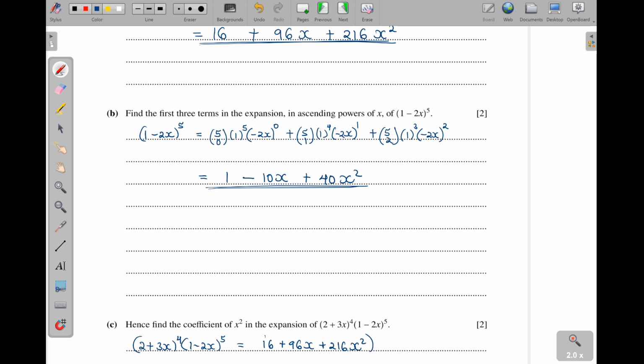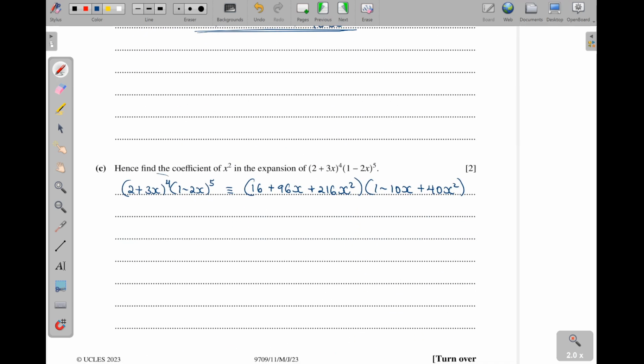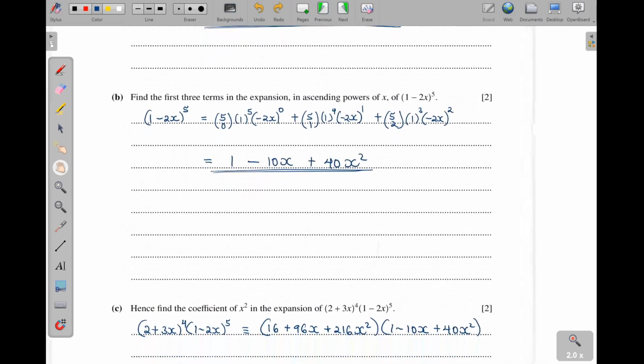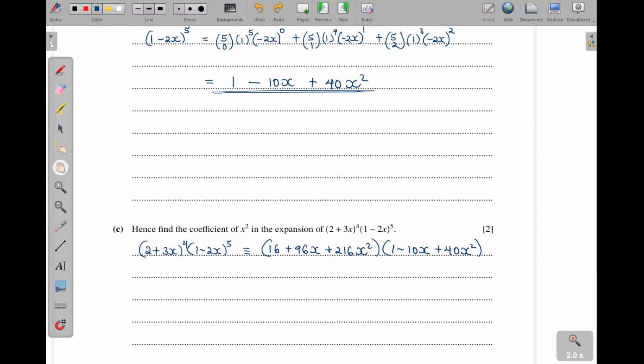Then this one we multiply with 1 minus 10x, plus 40x squared. First of all, this one with power 4 has 5 terms, and this one has 6 terms. But they only told us to expand up to the first 3 terms.